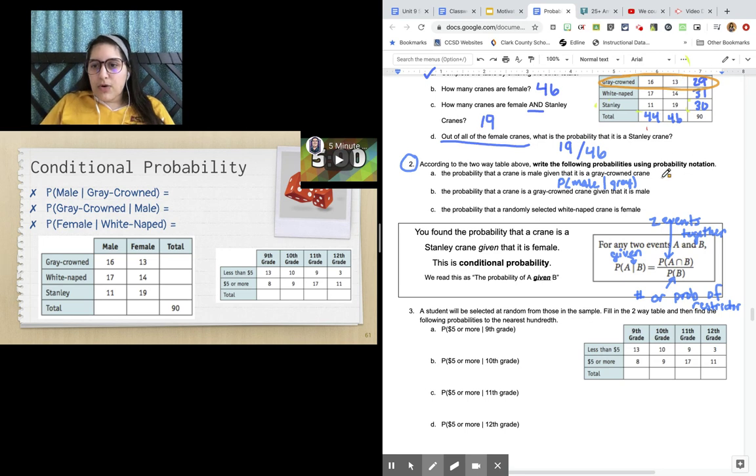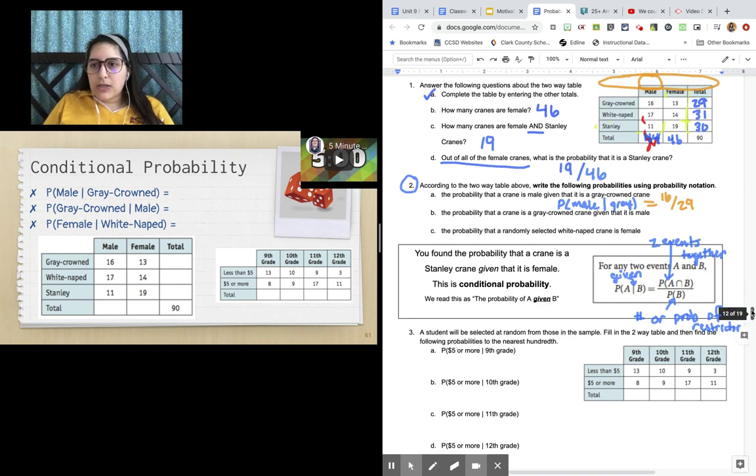So the number on the bottom has to be 29 because it's the total in that gray crown category. Then I want to know how many males there are in that category, and the males were right here. So 16 goes on the top there. All right, so that's how you calculate a conditional probability.